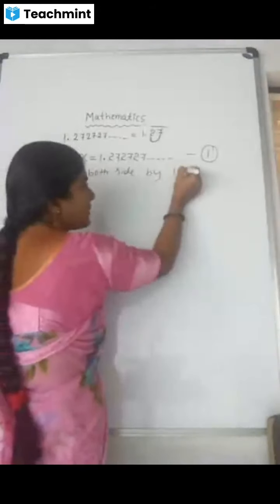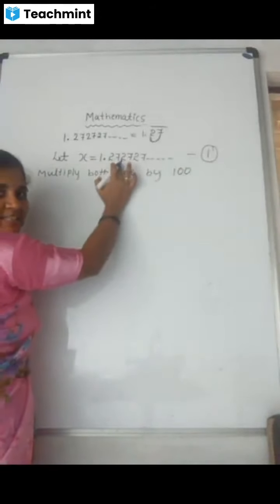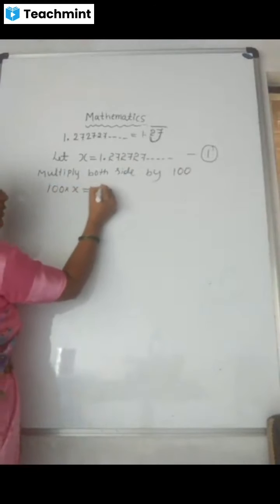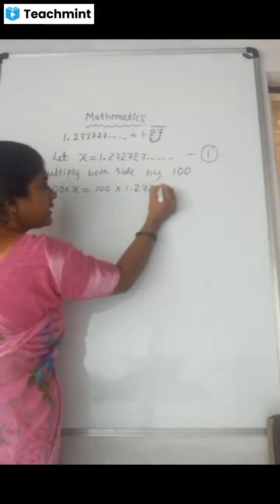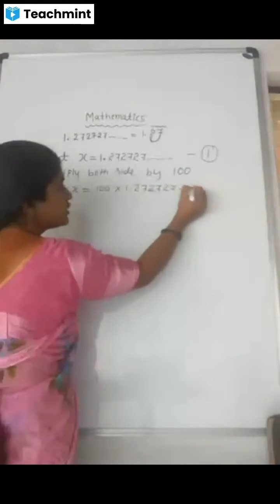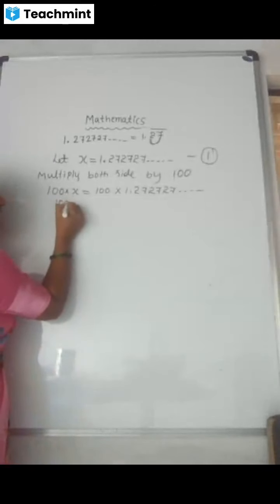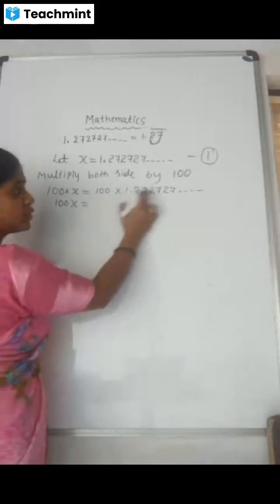Now this is the LHS and this is the RHS. Now 100 into x is equal to 100 into 1.272727 and so on.